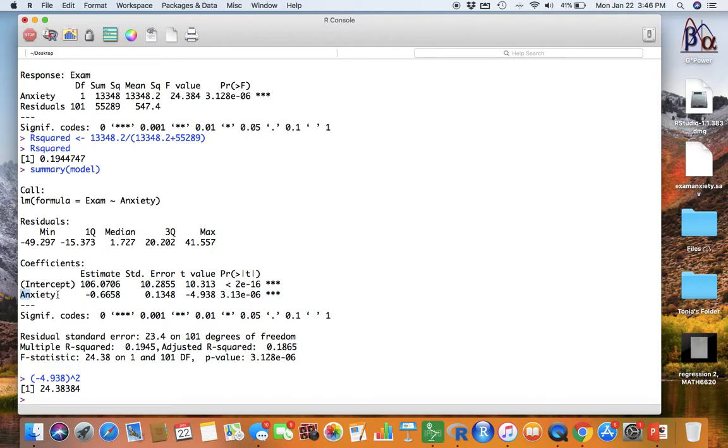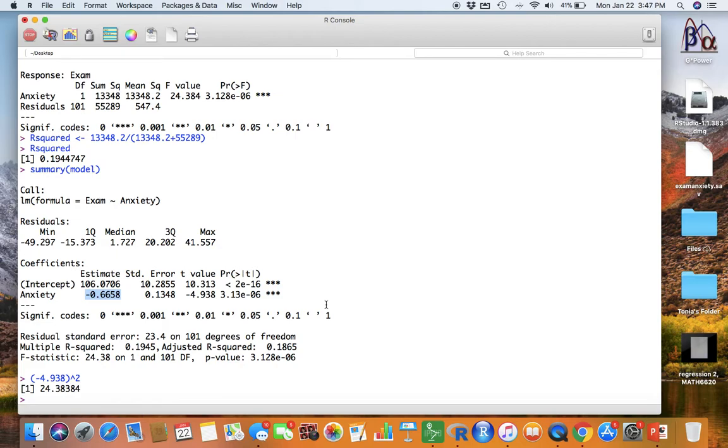But what gets my attention in this output is the information on anxiety. Now, first of all, this estimate tells us kind of the nuts and bolts of the impact on exam from anxiety. So what I can say here is a standard definition of a predictor when we only have one predictor. It changes a little bit when we have multiple predictors.